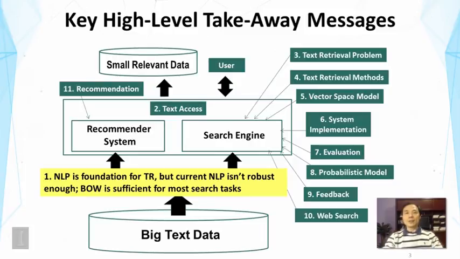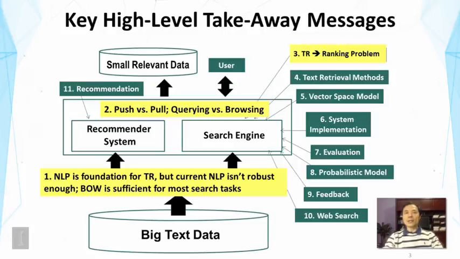And we then talked about the high-level strategies for text access. And we talked about the push versus pull. In pull, we talked about the querying versus browsing. Now, in general, in future search engines, we should integrate all these techniques to provide multimode information access.